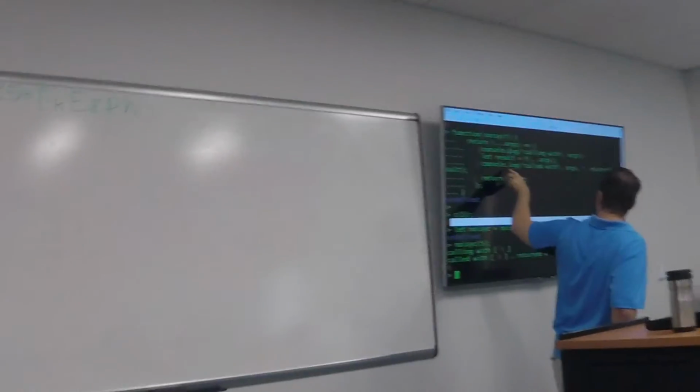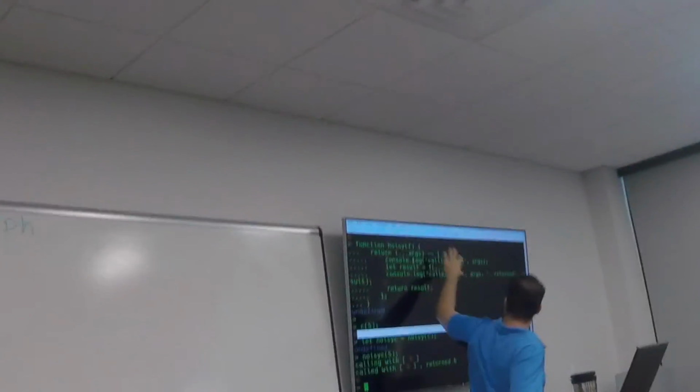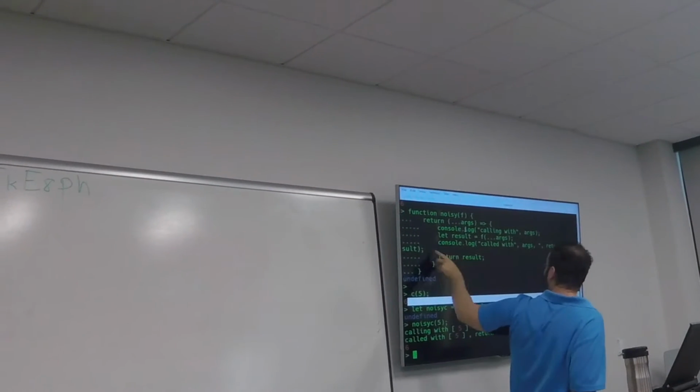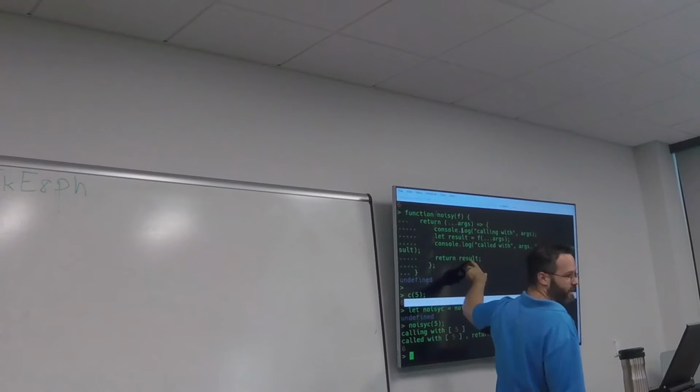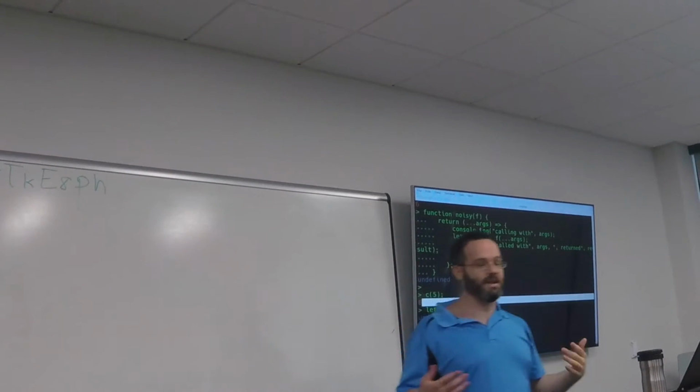Now that's coming down here. That's going to be the result. The result is what you get when you call the function with the arguments. So it's going to print out the arguments, then print them out again. This whole part is the same. The only difference is you're adding in result, and then you return it.